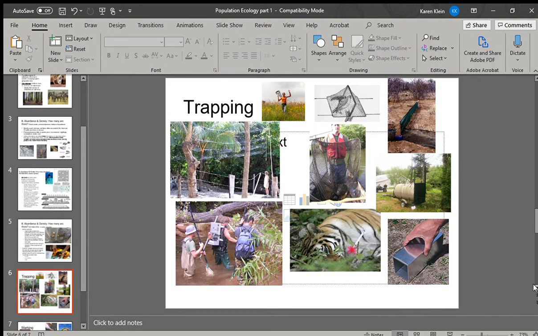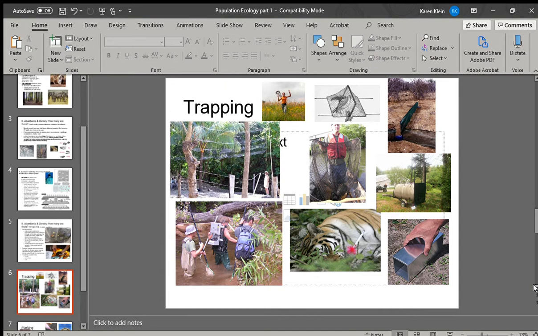Like I keep saying, this is a tidy, very sterile explanation of the process. But as a field ecologist doing a population study, it can be very challenging. It can be messy. It can be dangerous. It can be expensive. It can be a lot of hard work. I should say always rewarding if it's what you want to do.